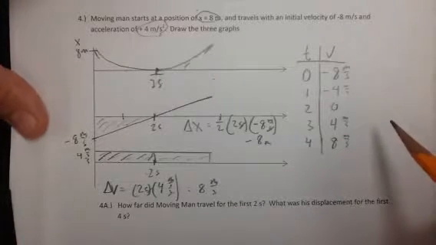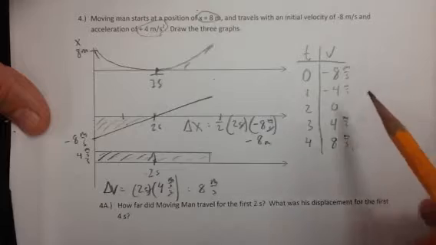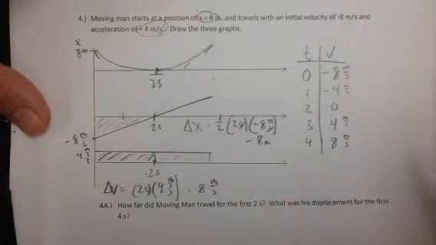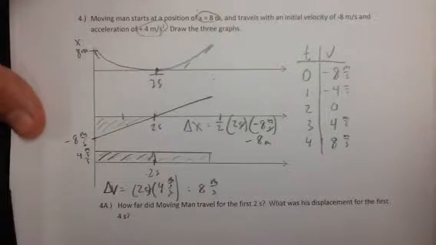And if we look at the velocity graph, in the first 2 seconds the velocity does change by a positive 8 meters per second. So that matches up. Everything should be consistent, and so far we found that it is.